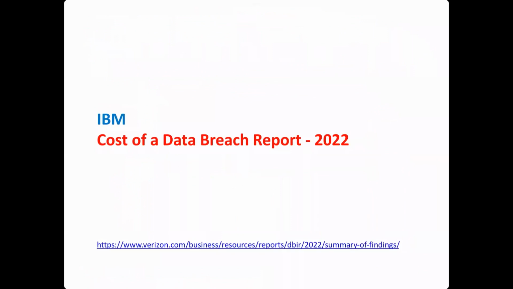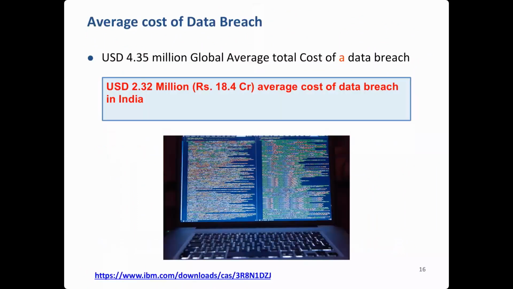It's very dangerous because it disrupts the whole operation, and then it takes a lot of money to resolve it. IBM in 2022 did a study on the cost of a data breach. The cost of a typical data breach, averaged out among a good number of companies, turns out to be US dollar 4.35 million. 1 million is about 8 crore rupees, so around 35 crore in Indian currency is gone in just handling one data breach.